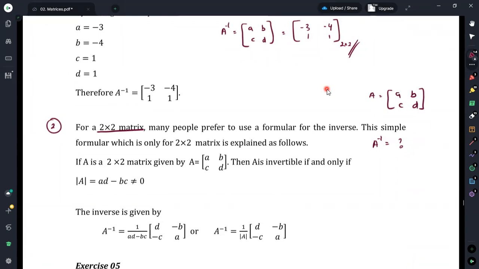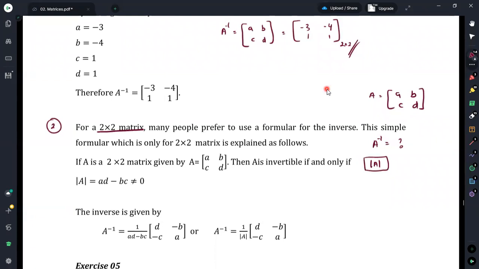To check this, we can use the determinant of the matrix. By using the determinant, we can identify whether the matrix is invertible or not, whether it has an inverse or does not have an inverse.